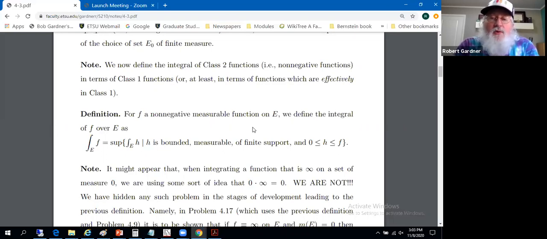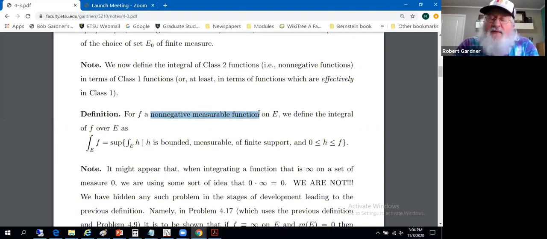All right, so there's the definition, and it is indeed defining the definite integral for these class 2 functions, non-negative measurable functions. Of course, we're only dealing with measurable functions when dealing with integration.